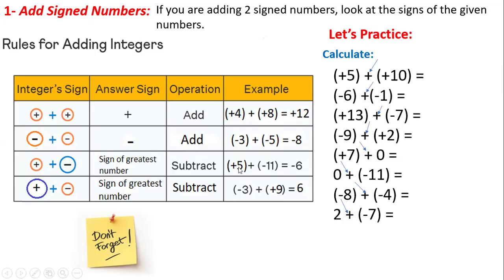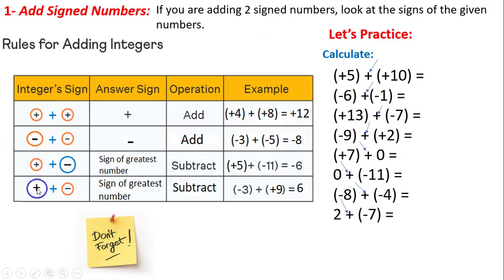For example, plus 5 plus minus 11. Since the first number is positive and the second number is negative, which number is greater, 5 or 11? Of course, 11 is bigger. What is the sign of 11? It's minus, so the answer will be negative. I say 11 minus 5 is 6, so my answer is minus 6.